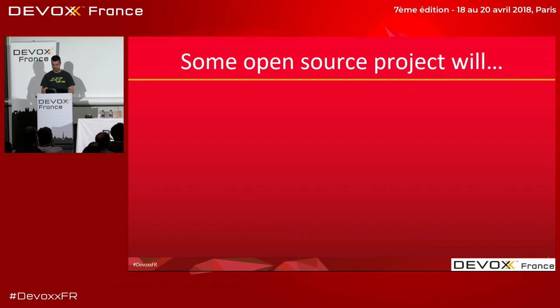But we are sure that some open source project thinks we are wrong about this thing, and actually there is already one, and it's called Moditect. And Moditect is one where you specify inside your POM file that you want to create a module descriptor.